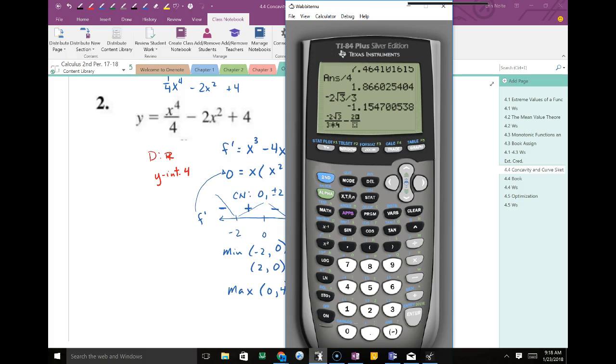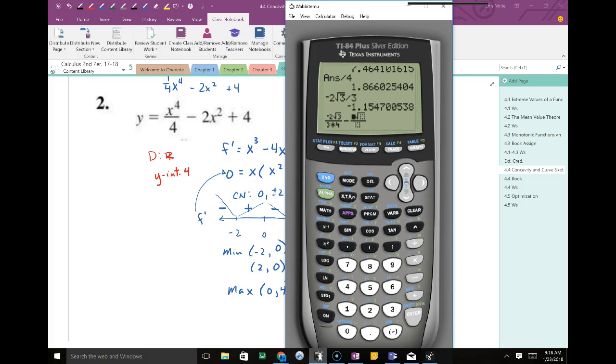2 square roots of 3. Oh wait, I need another 2, don't I? No, that's right. Heck with that calculator. And I forgot my exponent. I'll just do it here.